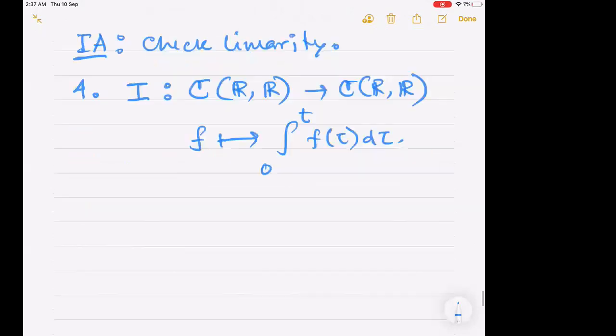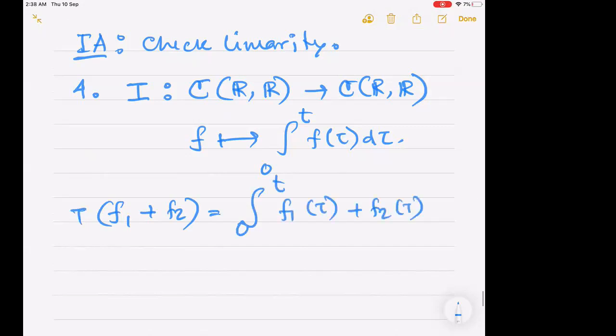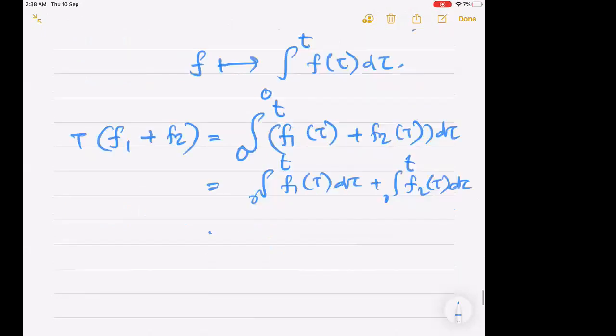You can check that I acting on f1 plus f2 at t is equal to the integral from 0 to t of f1 tau plus f2 tau d tau, that is the same as the integral from 0 to t of f1 tau d tau plus the integral from 0 to t of f2 tau d tau, which is of course the same as I acting on f1 plus I acting on f2.